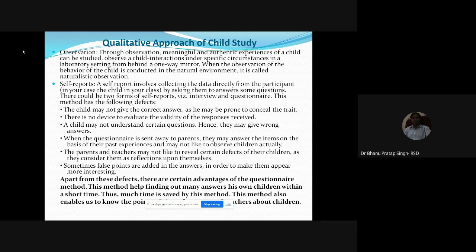When the observation of the behavior of the child is in the natural environment, it is called naturalistic observation. So by observing the child, the teacher can be aware about the child's ability, weakness, strength.